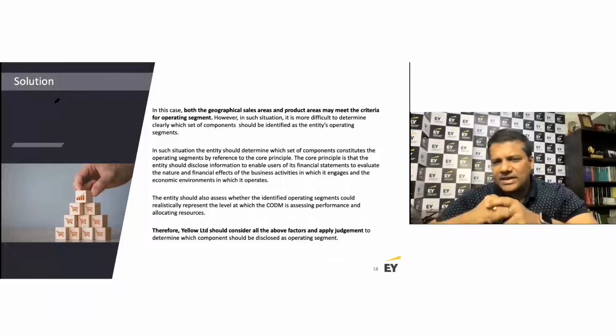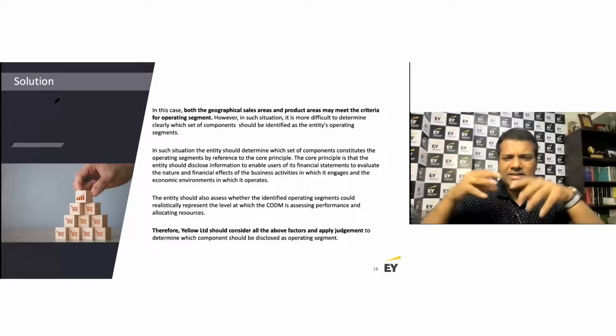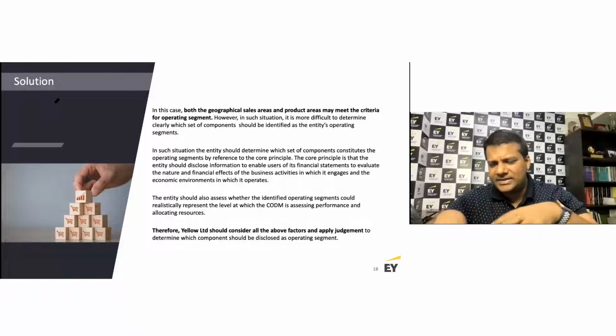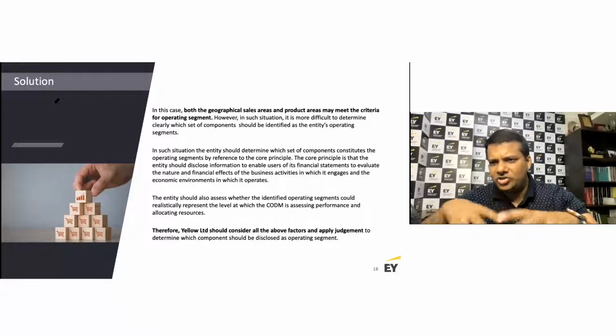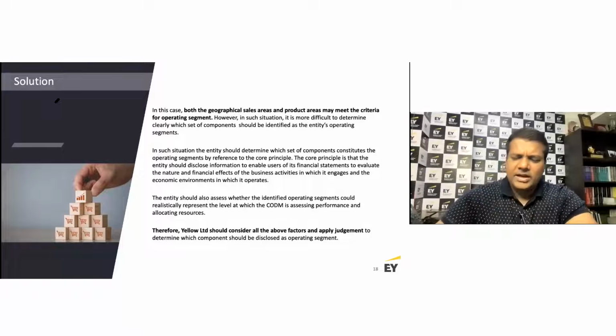And is discrete financial information available for that component of the business? If the answer to that is yes, then it meets the definition of an operating segment. And in some situations, we said there could be an element of judgment, and you have got to exercise that judgment and, of course, disclose appropriately.